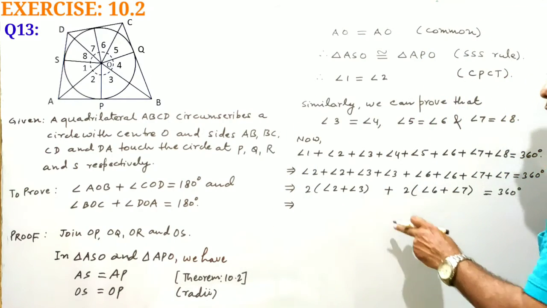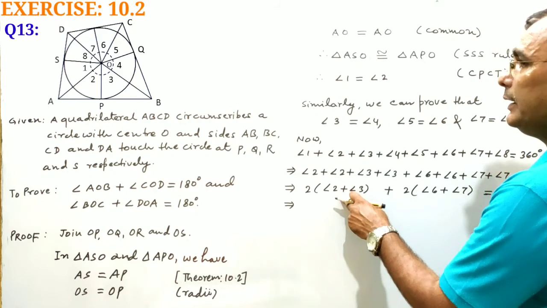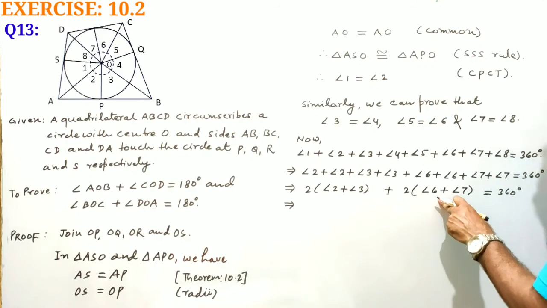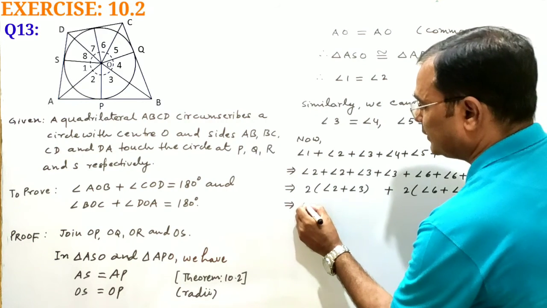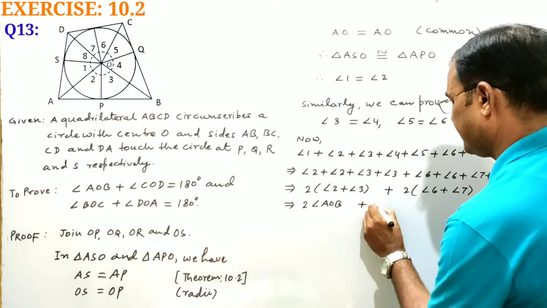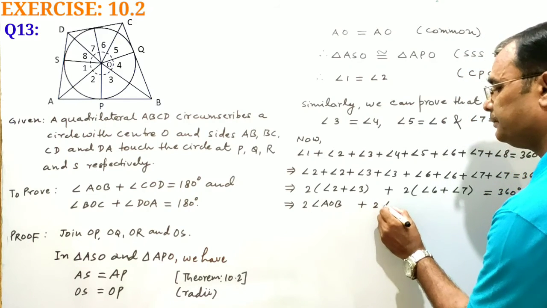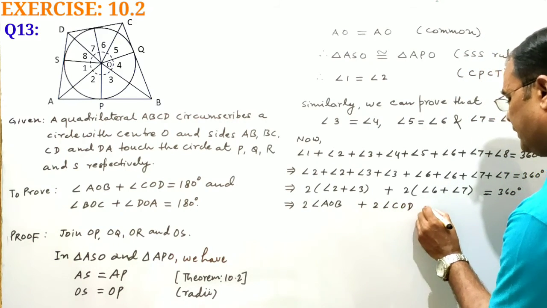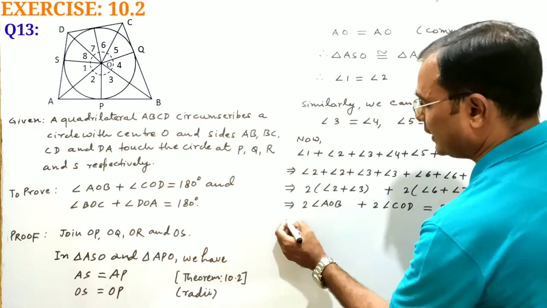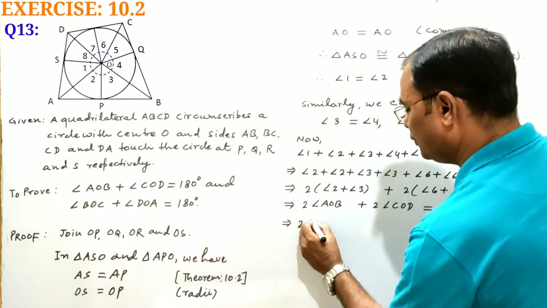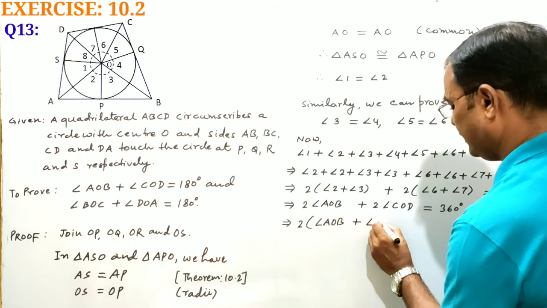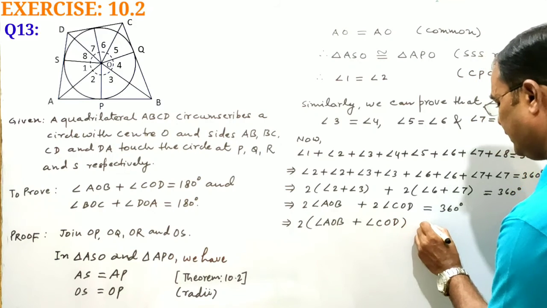See in the figure, angle 2 plus angle 3 is angle AOB and angle 6 plus angle 7 is angle COD. So this can be written as 2 into angle AOB plus 2 into angle COD equal to 360 degrees. Now let's take this 2 common, so 2 into angle AOB plus angle COD is equal to 360 degrees.